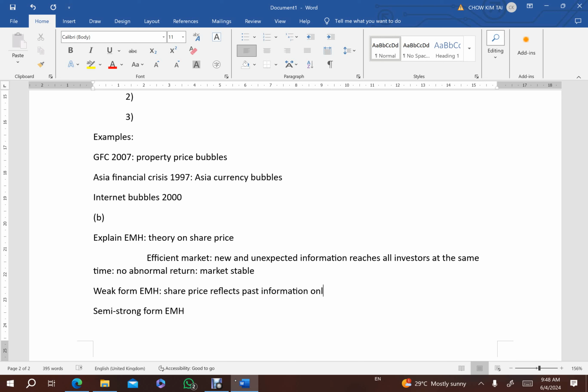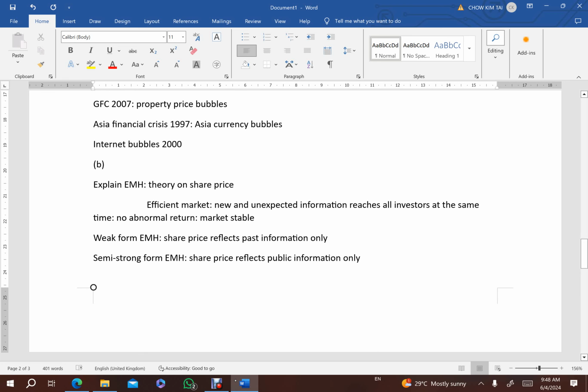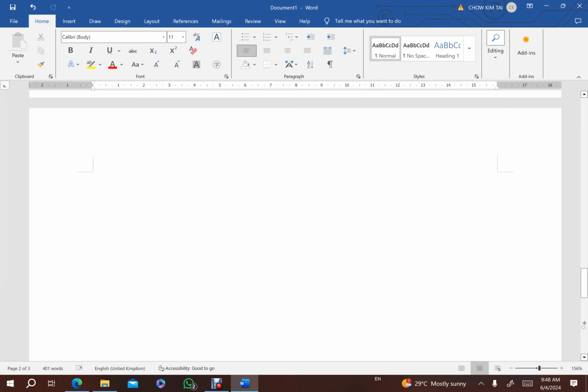Okay, past information only. Semi-strong form, the share price reflects public information only. Okay, the focus of market underreaction and overreaction should be on this semi-strong form. Okay, so the focus is on the semi-strong form.